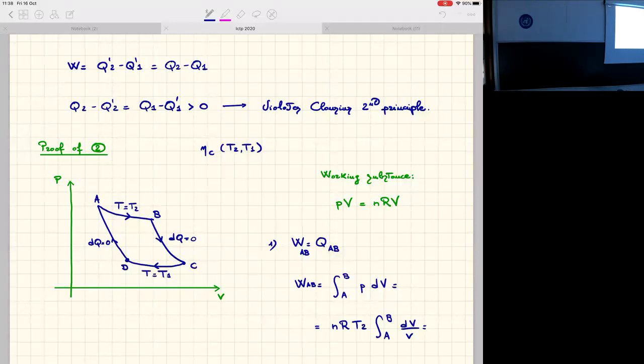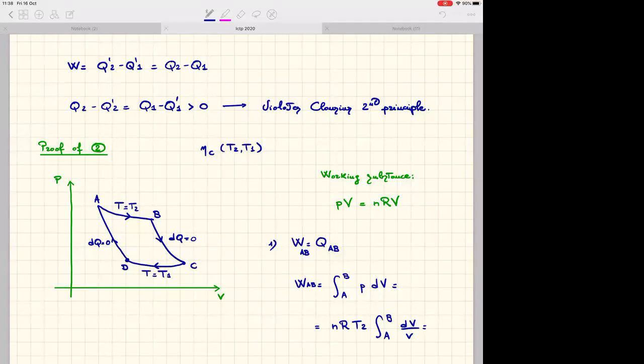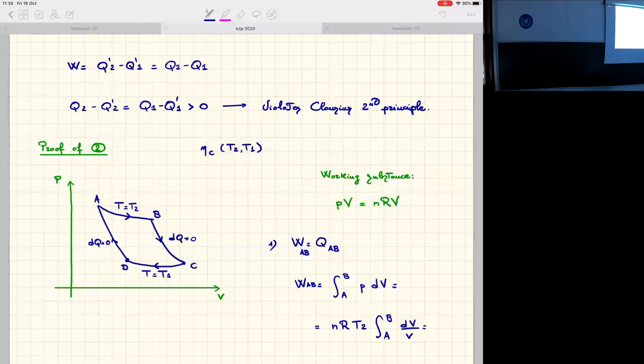Professor, when you're proving the number one statement, it says suppose there is an engine with efficiency higher than Carnot efficiency, then it violates the Clausius second principle, which is you cannot transfer heat from a colder reservoir to a warmer one, except you do some work.